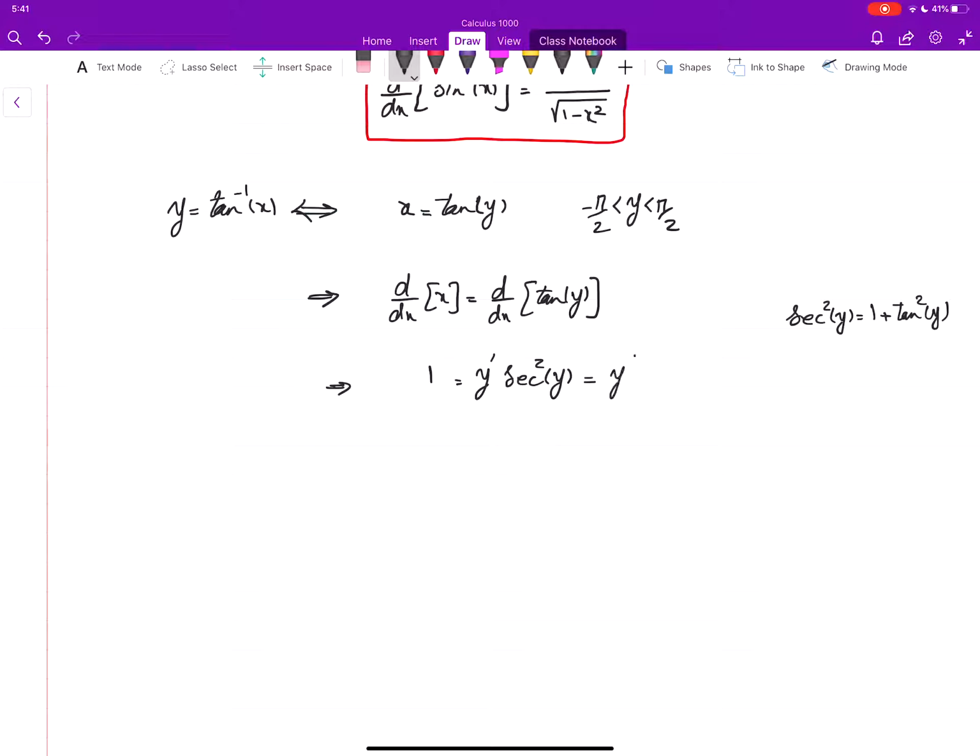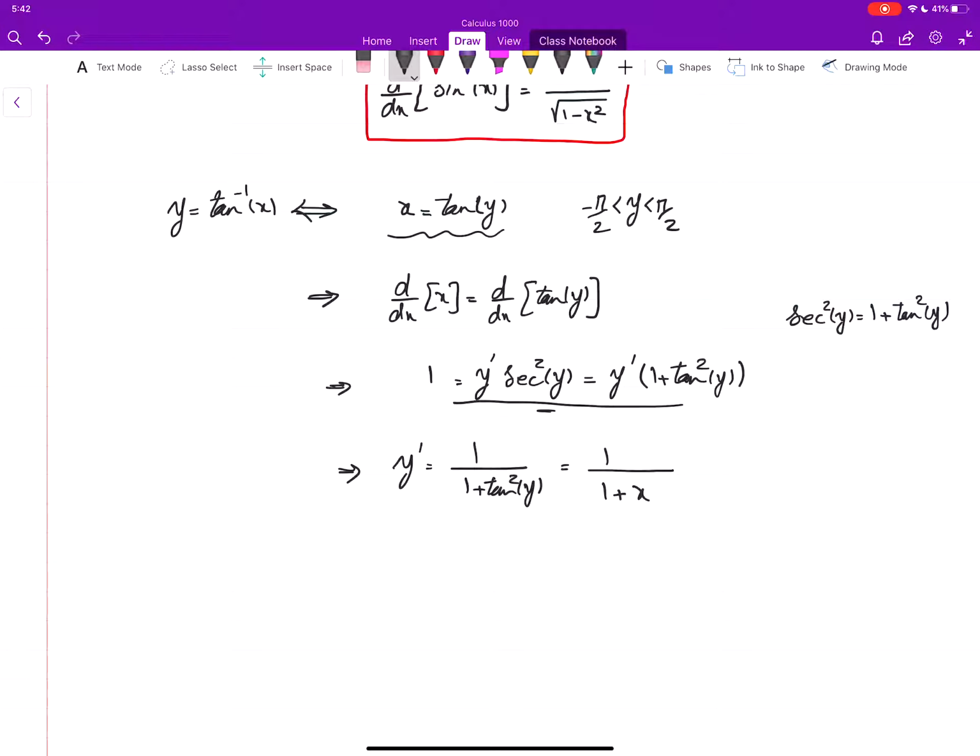This means that we have a version that already has everything written in terms of tan y. Why do I need that? Because when I write y prime, just solving this equation, I get 1 over 1 plus tan squared of y. And now I can use this equality and replace tan y by x.